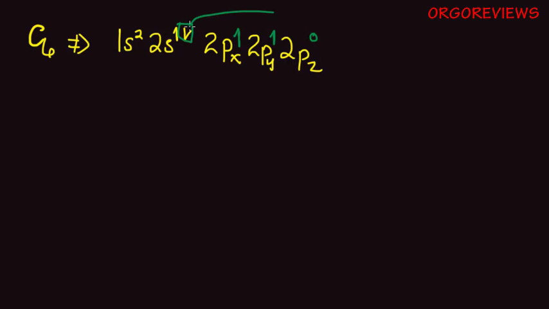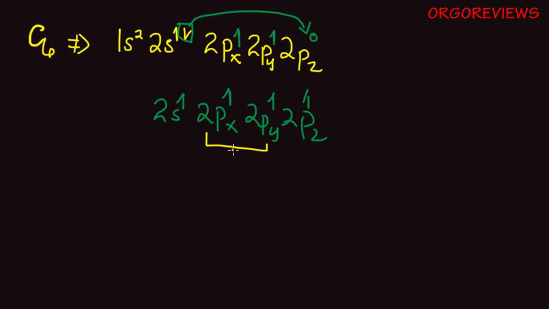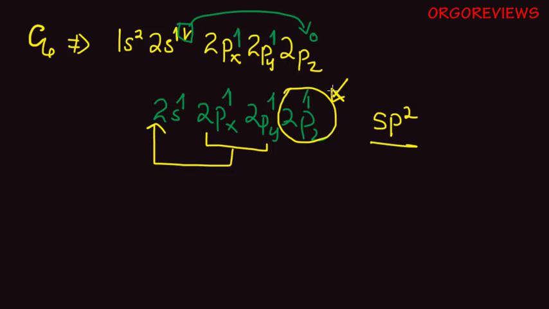So when this electron moves here and mixes with just 2 of them, you're going to have 2s, 2px, 2py, 2pz, and each one of them is going to have 1 electron. But then it's only 2 of these orbitals that will mix with the s orbital. So when that happens, you have 1 s mixing with 2 p's, and that will give us sp2 orbital hybridization. And it will leave out one of the p orbitals. It can actually be used for what we call pi bonding. We're going to look at that very soon.